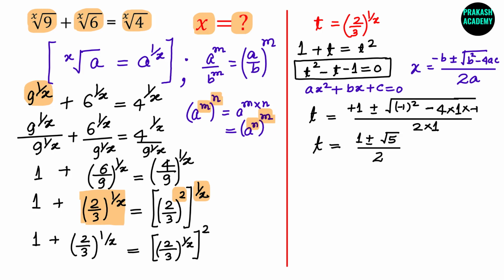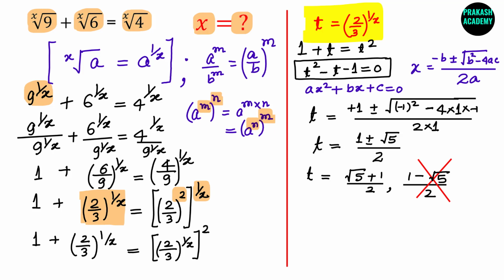From this expression, t cannot be negative because it is 2 by 3 raised to some power. So the negative root can be eliminated. We have t equals root 5 plus 1 by 2 as the first root, and the second root is 1 minus root 5 by 2. But the negative root can be discarded.